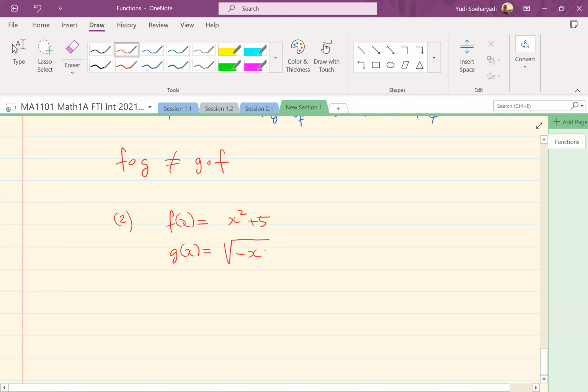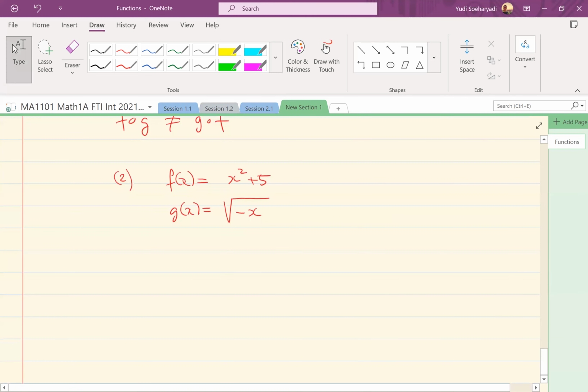Of course, you can compute the formula, for example g of f. So g applies to x squared plus 5. The g as a rule says to put a negative, and then take the square root.